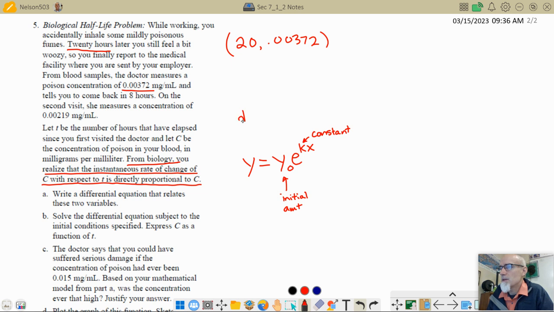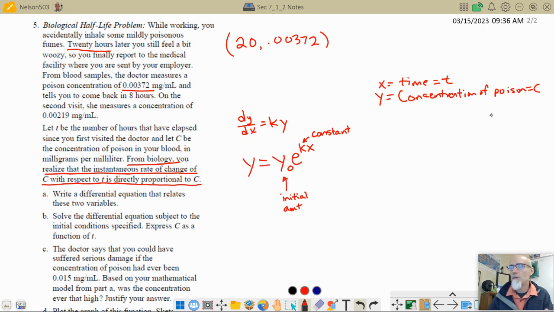They're telling us that dy/dx is equal to k times y, where y is the concentration level, C, the concentration of the poison, and our x is going to be time. I'm just going to use those two variables, y and x, instead of t and c. So this might be t and this might be c over here.